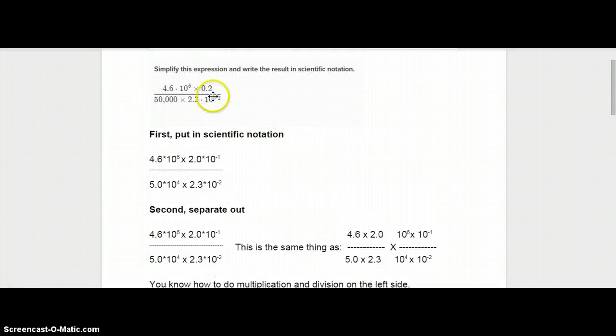Every time you move the decimal over to the right, that is a 10 to the negative 1. Each time you move it, you subtract another 10 to the multiple.